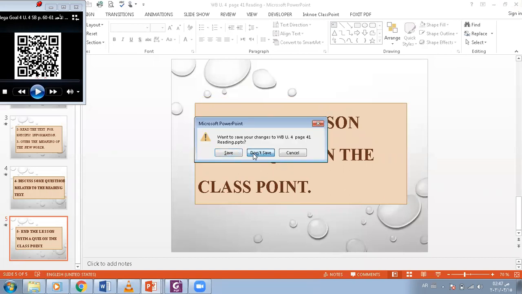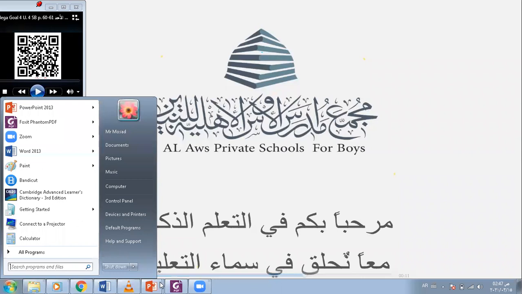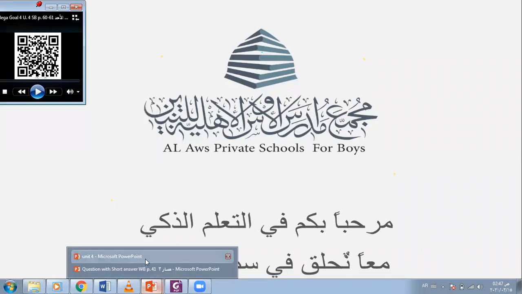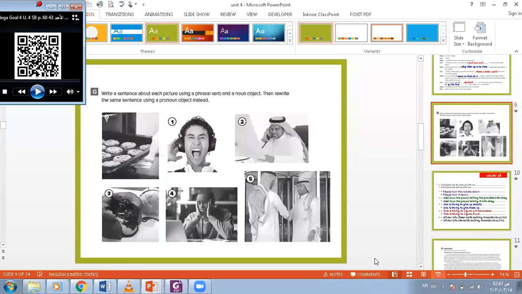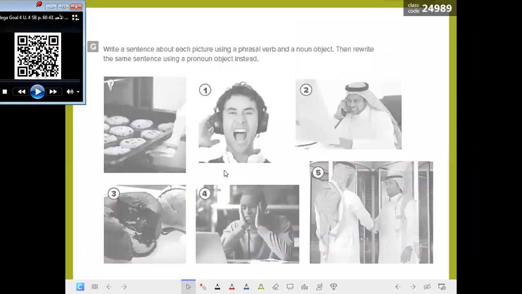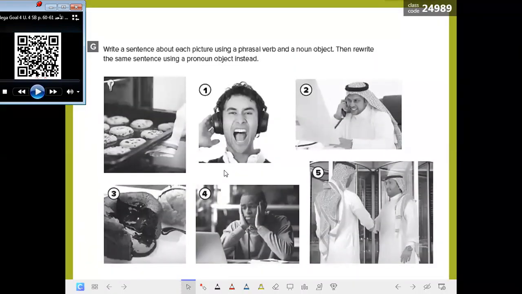Now, my dear students, let's start with the first part. Before, I gave you this page and this exercise, and I wanted you to write a sentence about each picture using a phrasal verb and a noun object. Then rewrite the same sentence using a pronoun object instead.